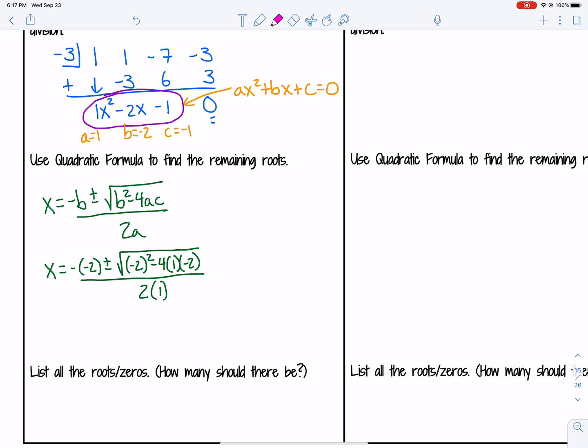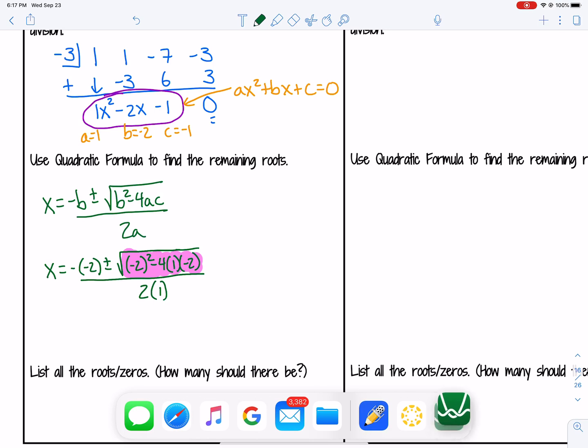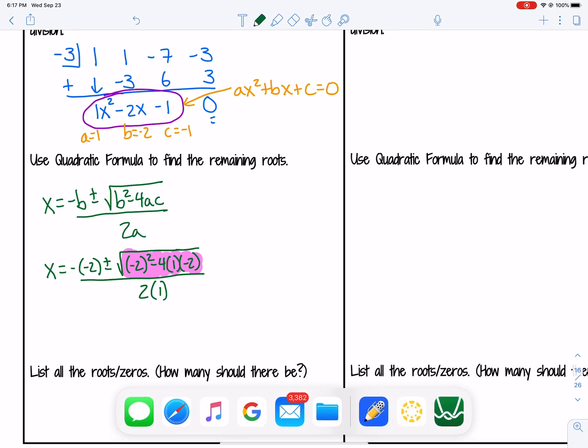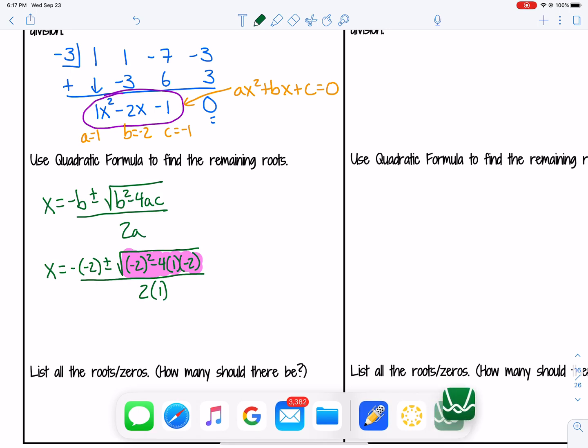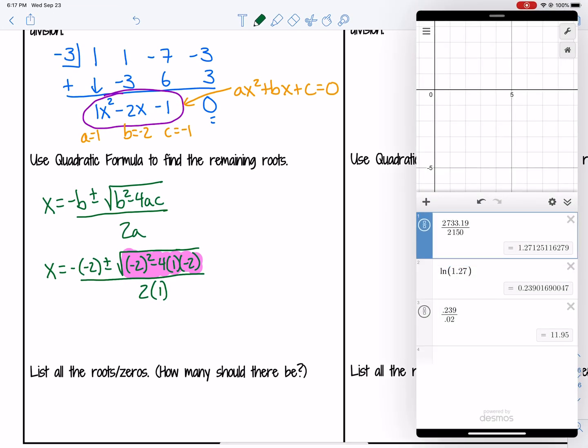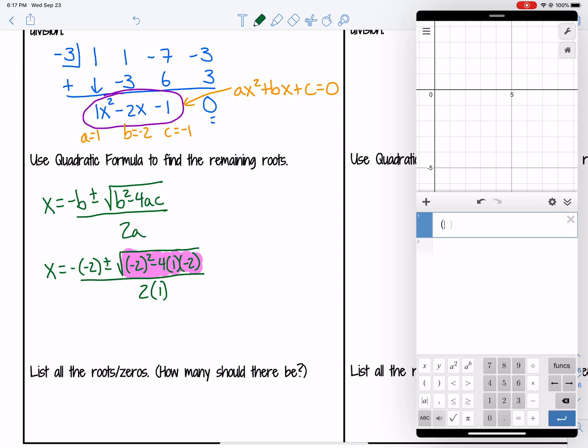What I recommend is typing everything underneath that square root into your calculator to make your life easier. So I'm going to type that part into my calculator, just like it looks: negative 2 squared in parentheses.